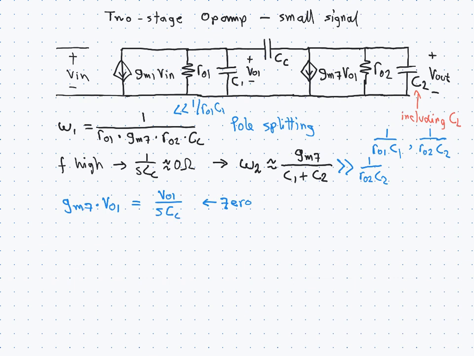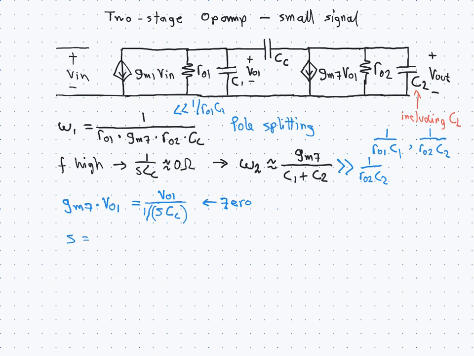The current in the capacitor, if we have 0 volts at the output, is just the voltage across the capacitor, which would then be V out 1, divided by the capacitor impedance, like this. So solving for s here, let's do that.